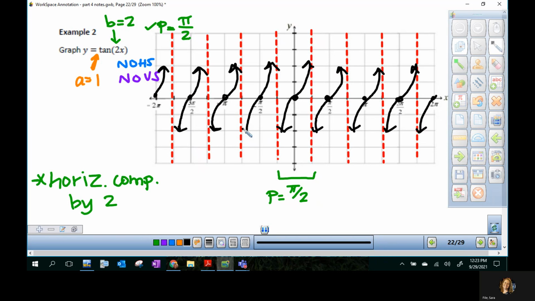There you go. That would be the tangent of 2x. So it's twice as narrow. It's horizontally compressed by 2.